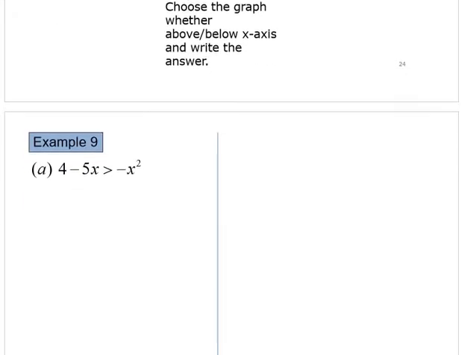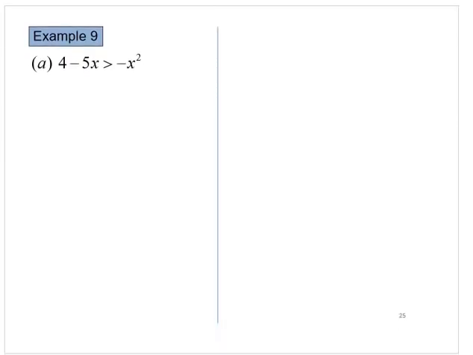Okay, let's discuss example 9. A, 4 minus 5x greater than negative x squared. Step 1, we must bring everything to the left hand side. So we will have x squared minus 5x plus 4 greater than 0. This is basic algebra. So I have rearranged already into ax squared plus bx plus c.